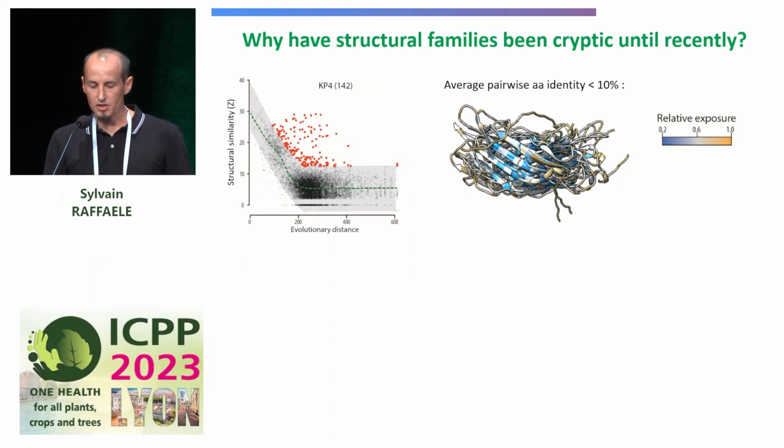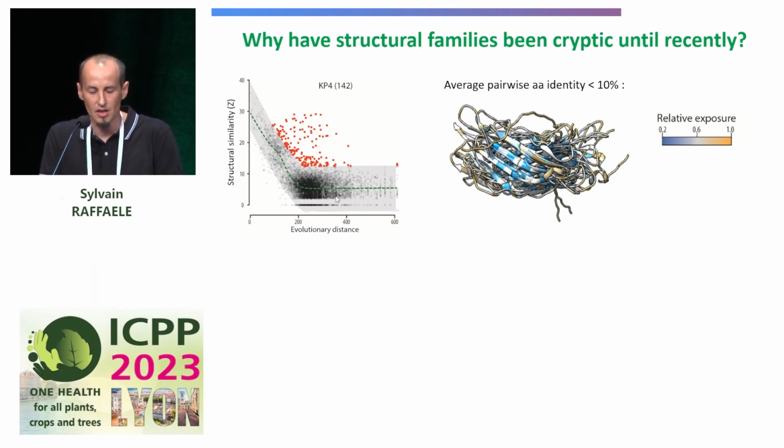Next, we wanted to get some insights into why these families have been quite cryptic until recently. What we found is that they actually have a very well-conserved structure in spite of very divergent sequences.